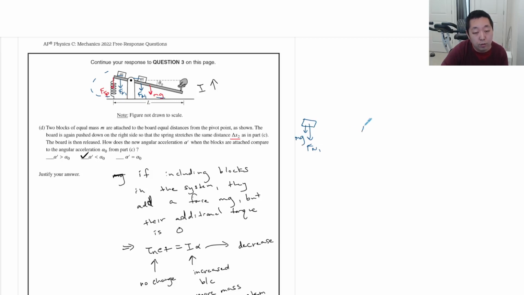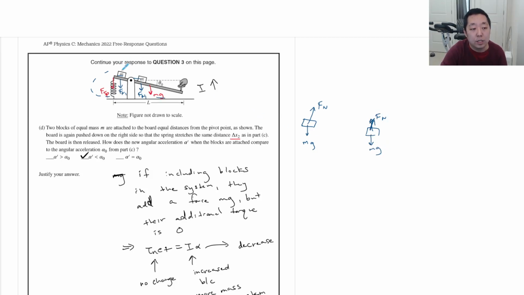On the blocks themselves, it would be the normal force, Fn1, and then mg. And then on the other guy, it would be Fn and mg, at an angle like that.